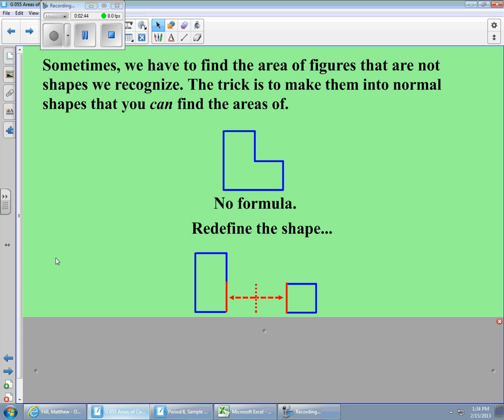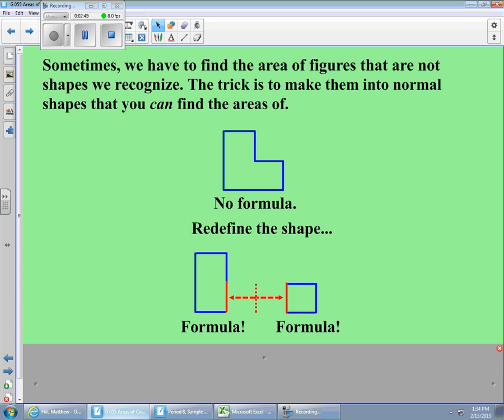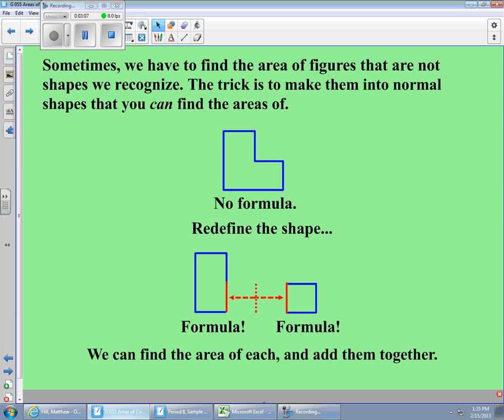And by familiar with, I mean we're trying to break it apart into shapes that we do have formulas for. So this composite hexagon that was up there, it's possible that it could be split into a rectangle and a square. These are shapes that we're familiar with. These are shapes that we have formulas for. So if we can figure out those shapes and those formulas, then one way of treating a composite shape is to split it apart, figure out the areas of the shapes that you now have, and add them up. That's one method of looking at composite shapes.